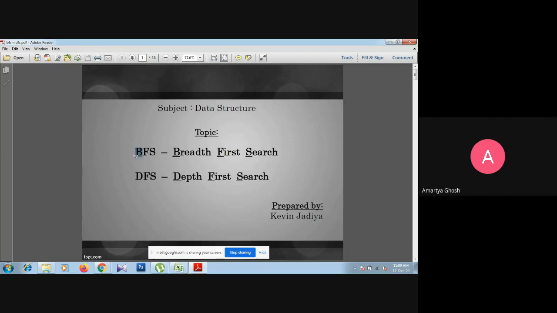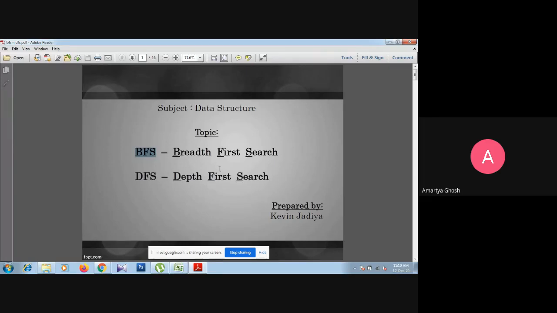That is Q. So BFS can be implemented by queue, because B comes first, then D, and likewise Q comes first alphabetically, then S. So this is the process by which we can easily memorize which search uses which data structure.